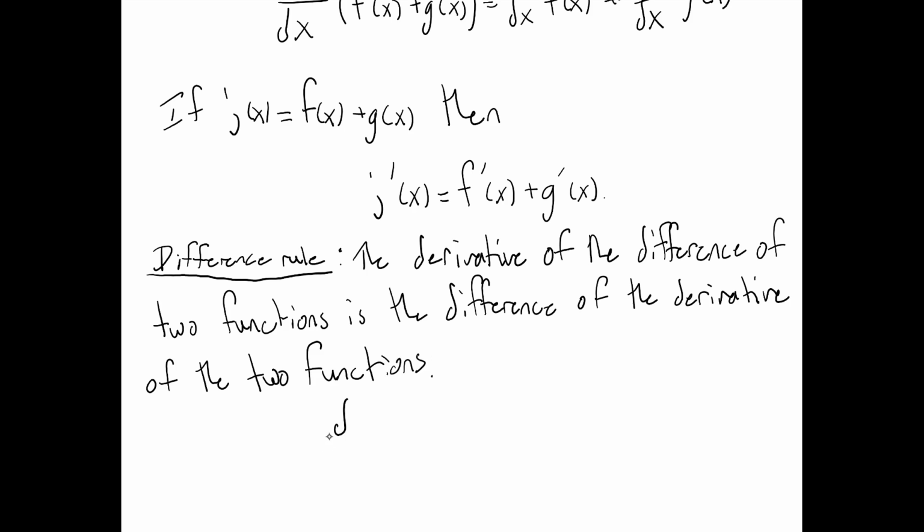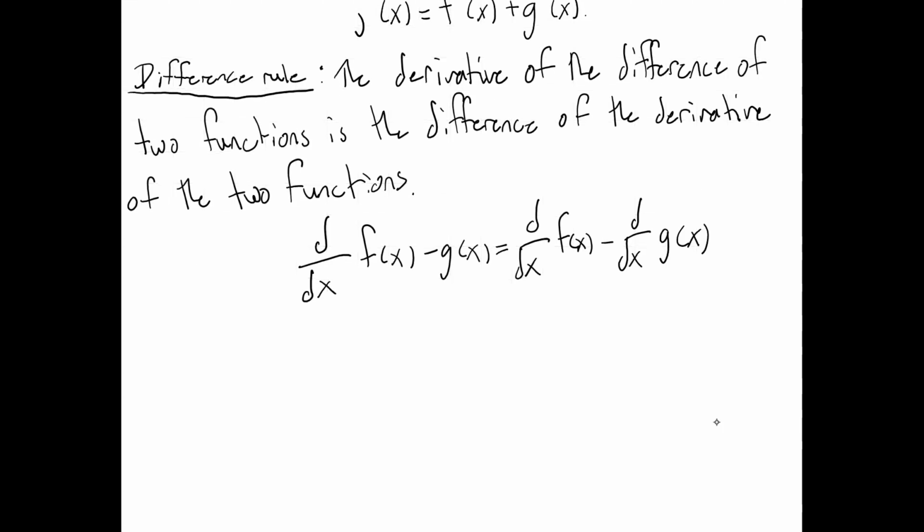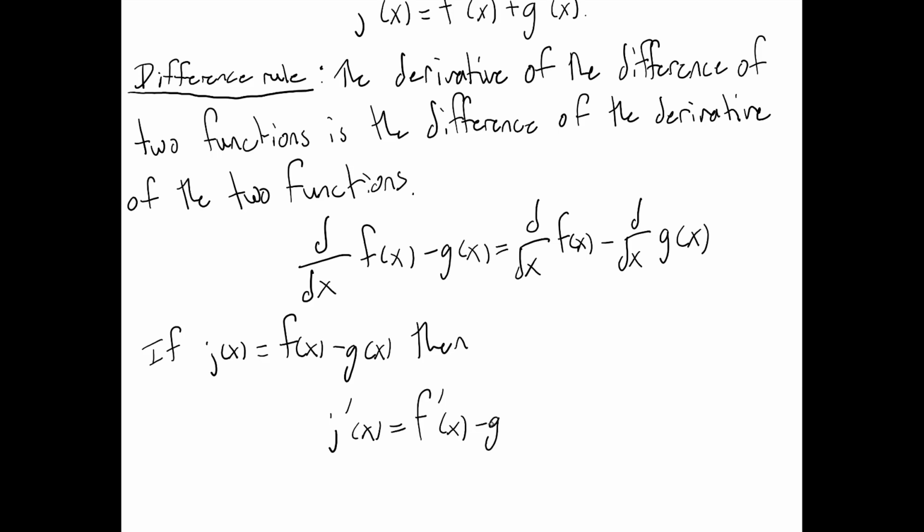So again, d/dx of f of x minus g of x is equal to d/dx of f of x minus d/dx of g of x, right? Or we could say if j of x equals f of x minus g of x, then j prime of x equals f prime of x minus g prime of x.